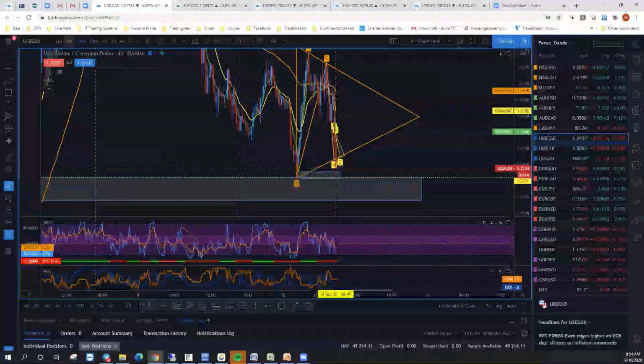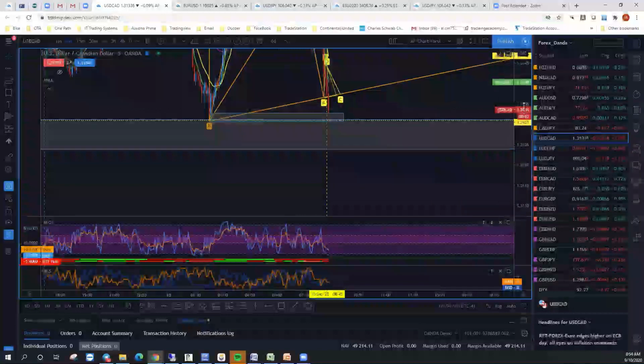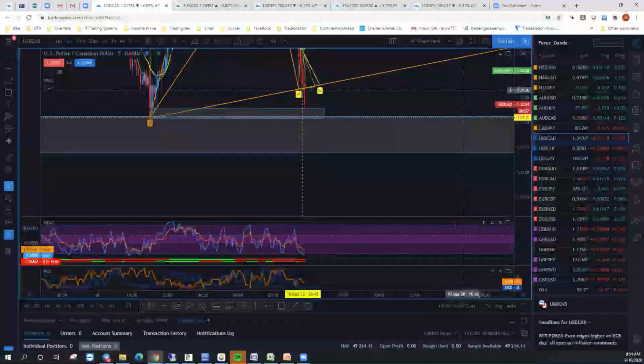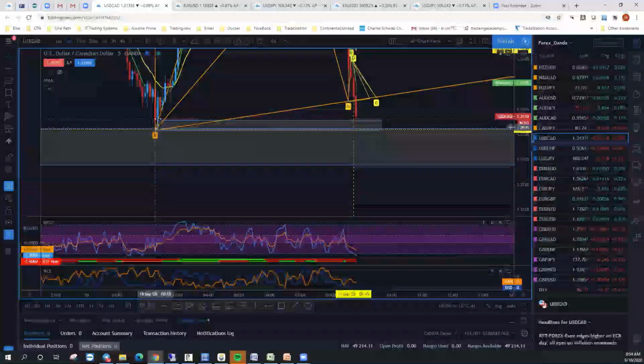Let's go back to our 5-minute so we can see what we're doing. So I want to see it close below this blue candle.